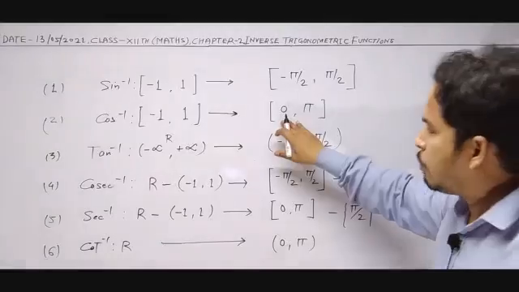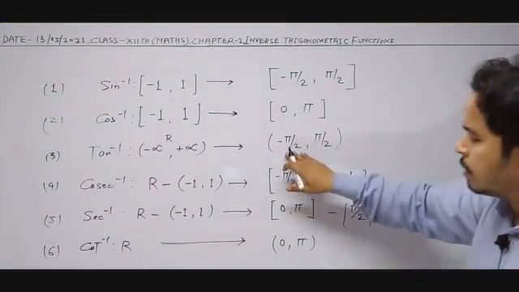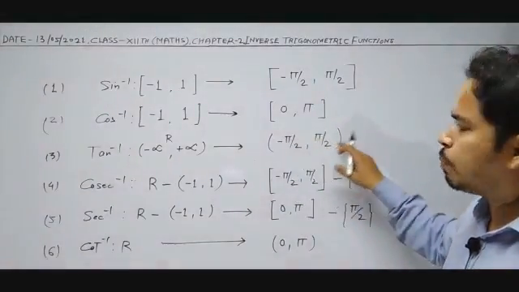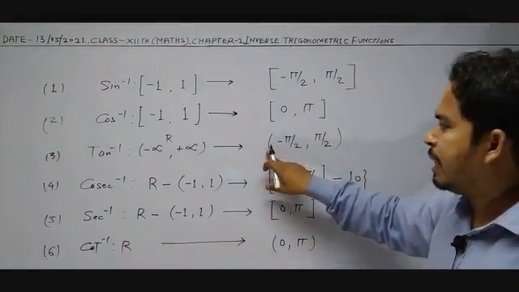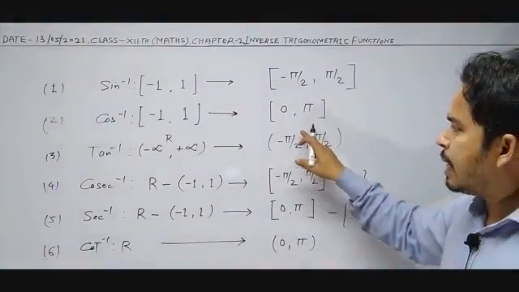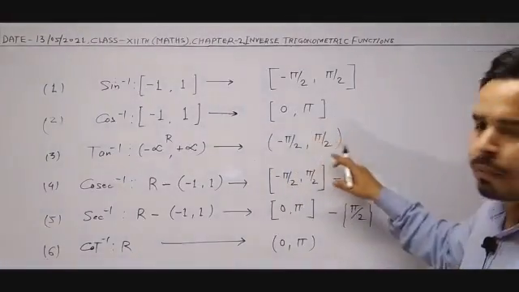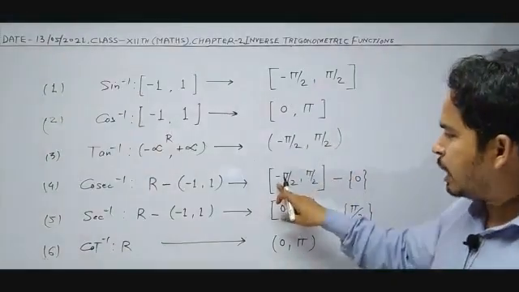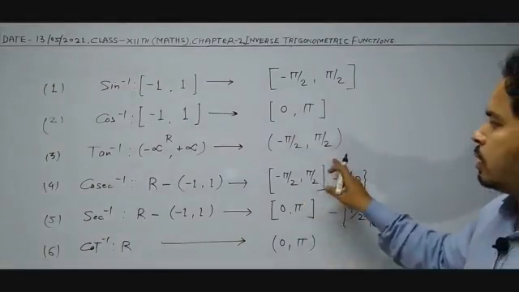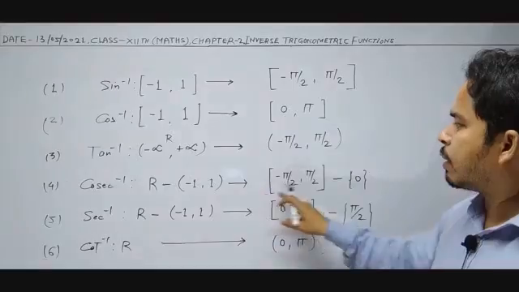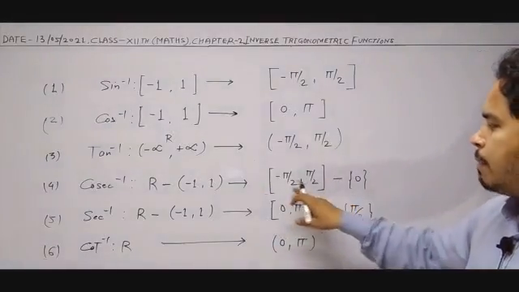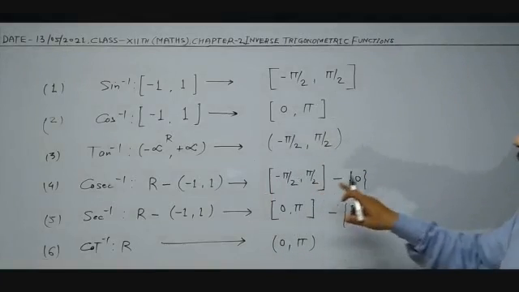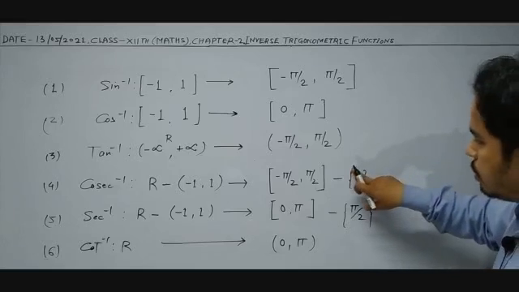Tan inverse is between minus pi by 2 to plus pi by 2 in open intervals, excluding minus pi by 2 to plus pi by 2 part. Fourth is from minus pi by 2 to plus pi by 2 in closed intervals, excluding 0 part.